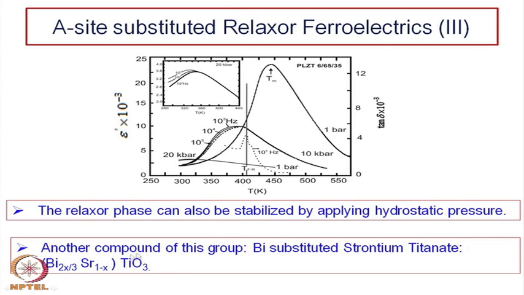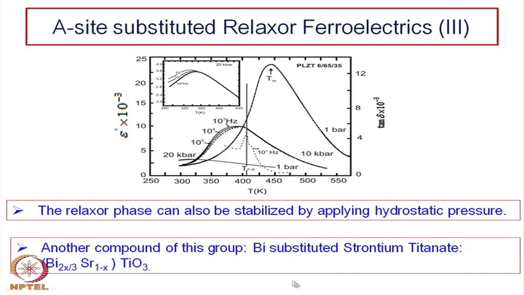And the third, another compound in addition to lanthanum doped PZT, there is another compound which is also in the same group, that is the A site substituted Relaxor Ferroelectrics.